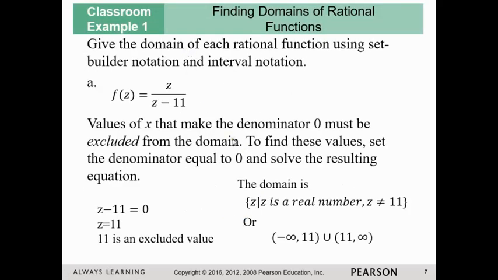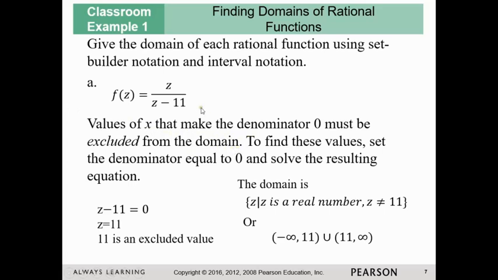Looking at this, we have a function f of z, z divided by z minus 11. The values that make the denominator 0 must be excluded from the domain.